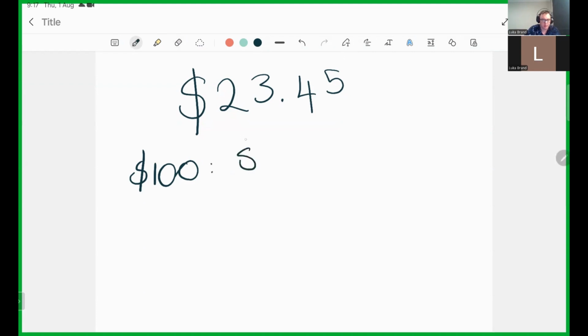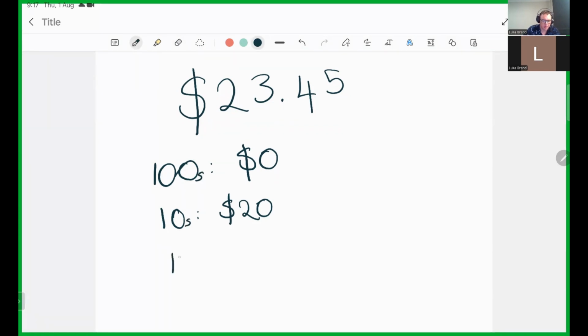So if we only have a $100 note, we're going to give him 0. If we now have $100 notes and $10 notes, so we're going to now round to the nearest 10, how much should we give the shopkeeper to be as close as possible to our total, which is $23.45? It'd be absolutely correct if you said that we should round to $20. So to the nearest 100 is $0. To the nearest 10 is $20.